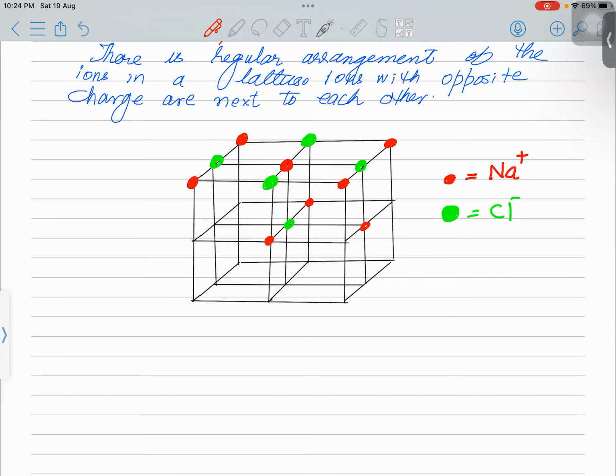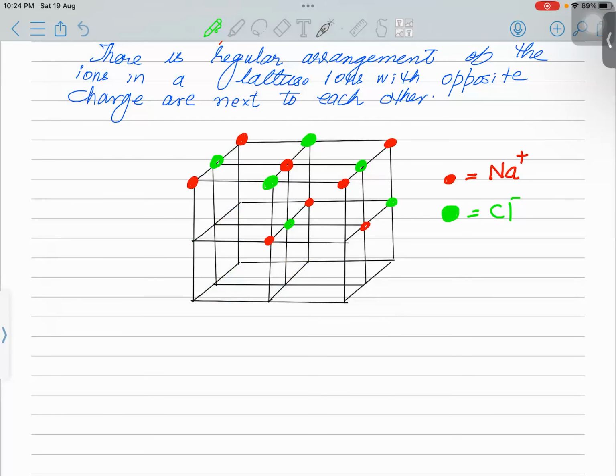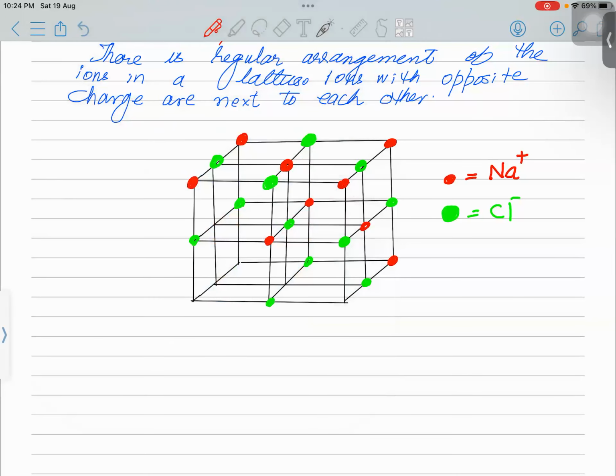For the red one, you need green ones. For the green one, we need red ones.